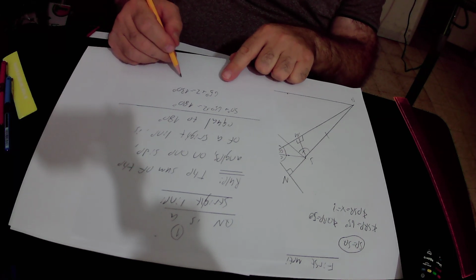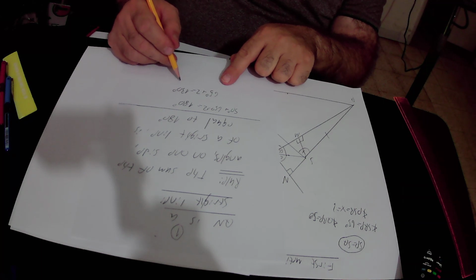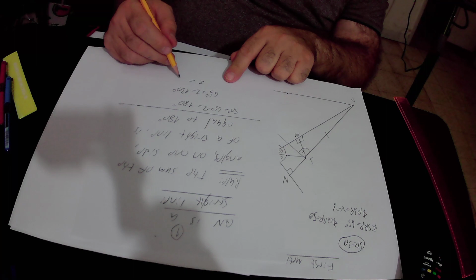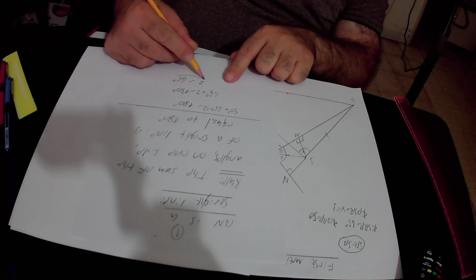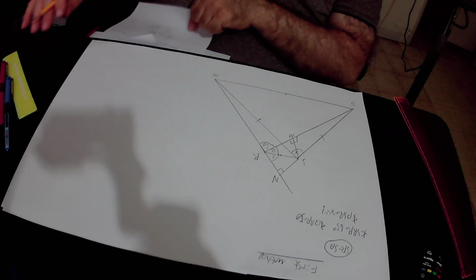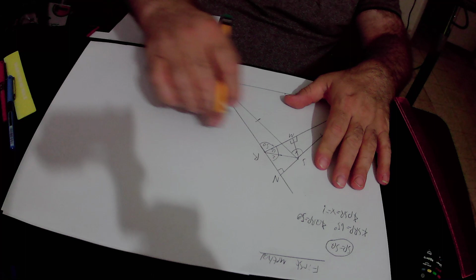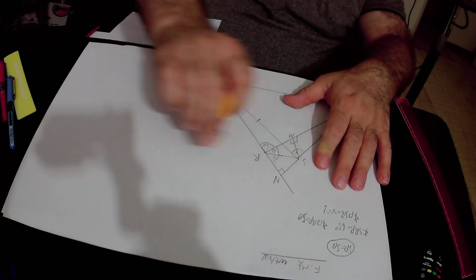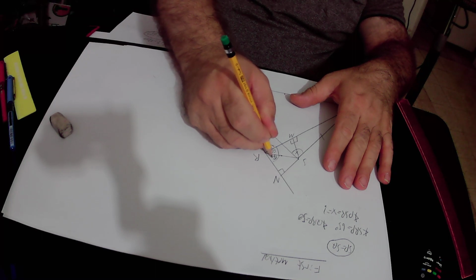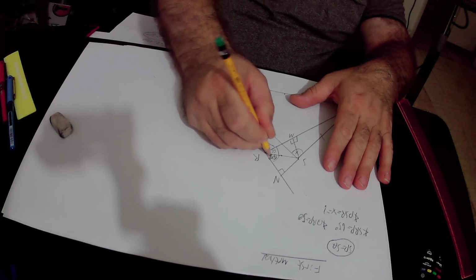Here we will subtract 65 degrees from this equality, and we will get that angle Z equals 130 degrees minus 65 degrees, which is 65 degrees. So we found out that the size of angle Z is 65 degrees, so we can write here that angle Z equals 65 degrees. Okay?